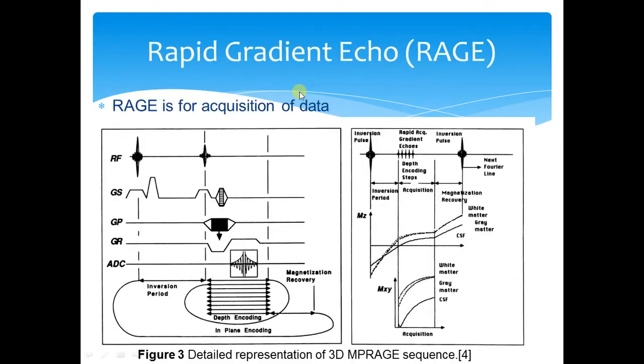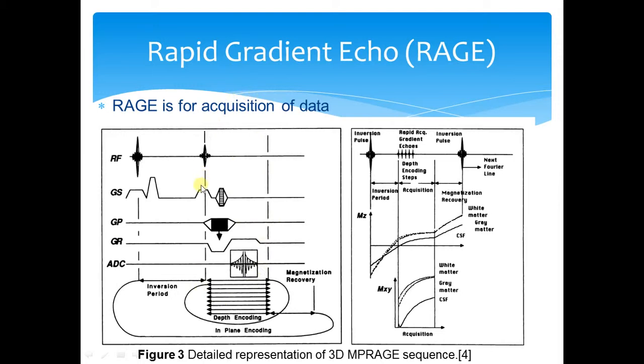In magnetization preparation, we are using rapid gradient echo, in short RAGE. RAGE is for acquisition of data. In the figure, GS stands for slice selection, GP stands for phase encoding, and GR stands for readout.